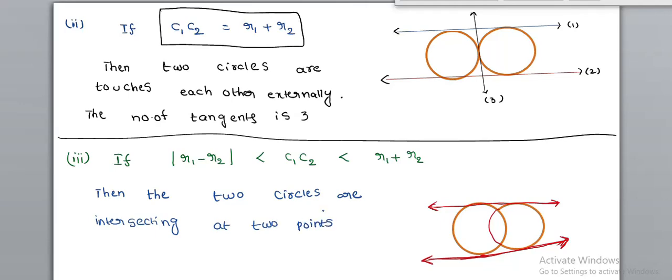At 2 points. So the number of tangents, please observe, is 2 only. Okay, next, last formula, write down.